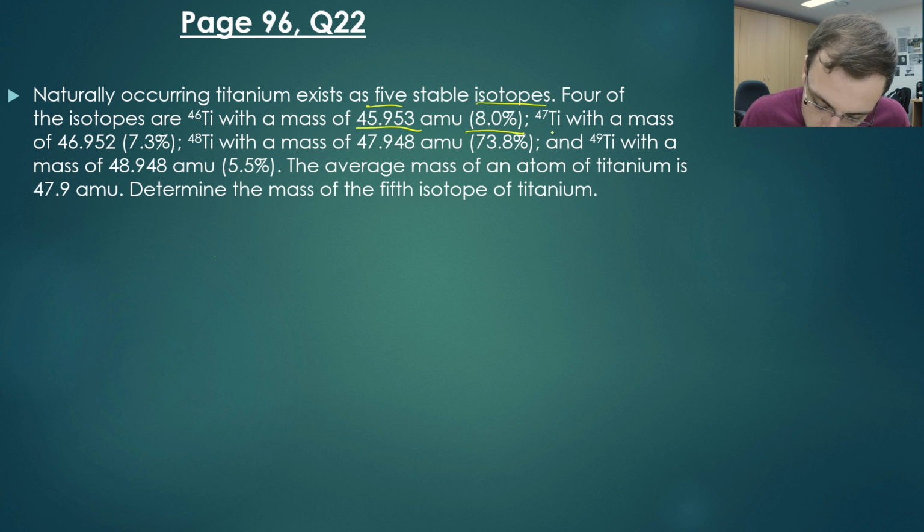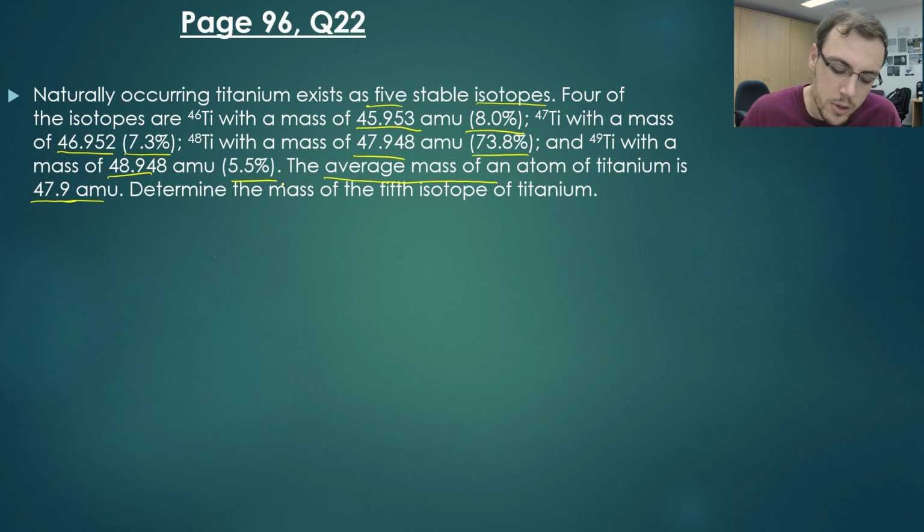We've been given 4 of the isotopes' masses and percent abundances here. Now, the average mass of an atom of titanium is 47.9 AMU. Determine the mass of the fifth isotope of titanium.